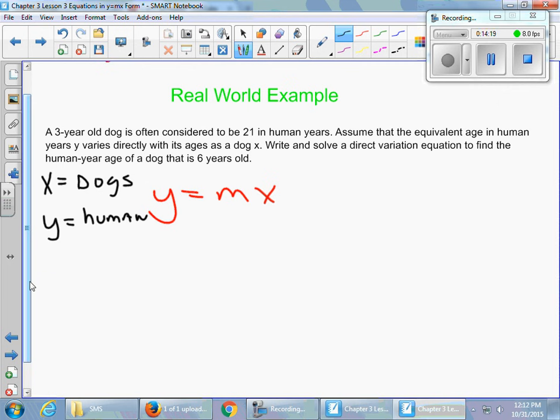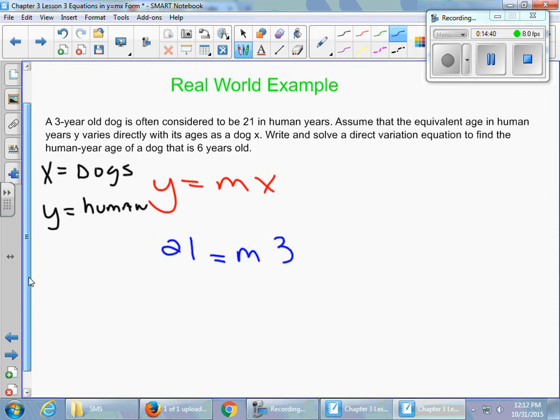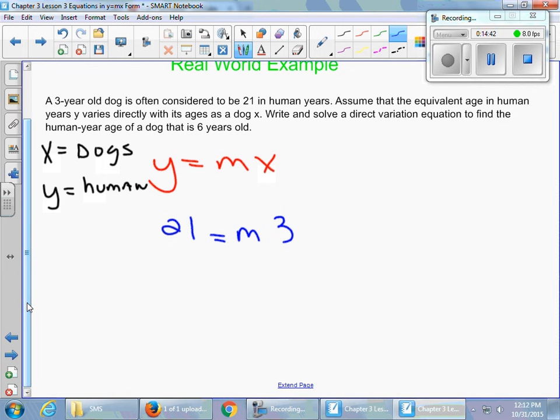So now we're going to plug into our formula. Our X is the 3-year-old dog, and our human is 21. And now, once again, it's an equation like we had in chapter 2.